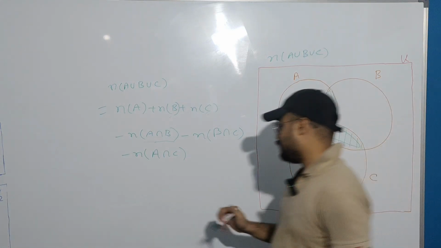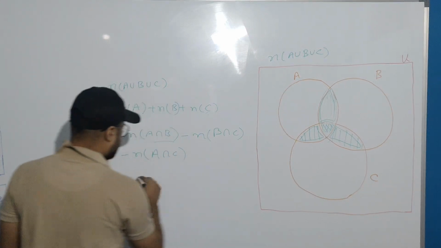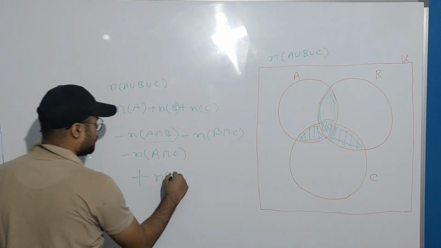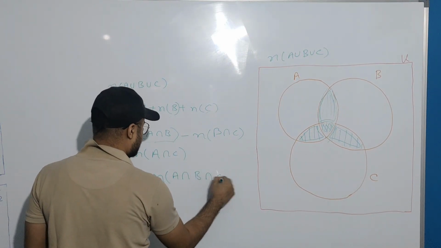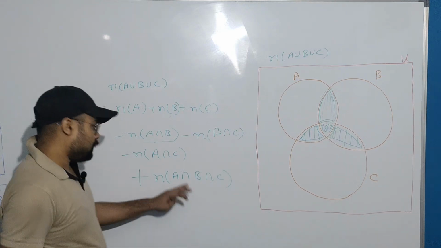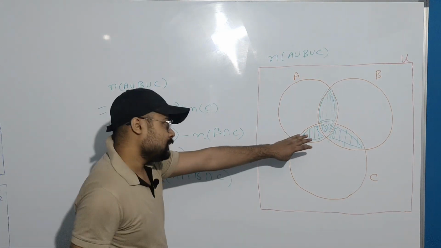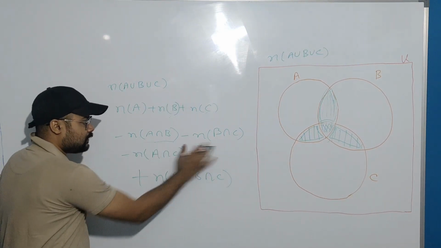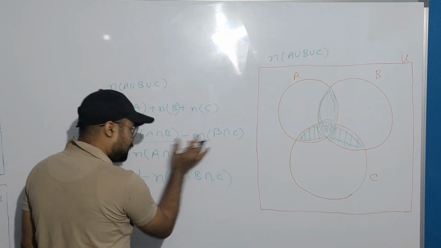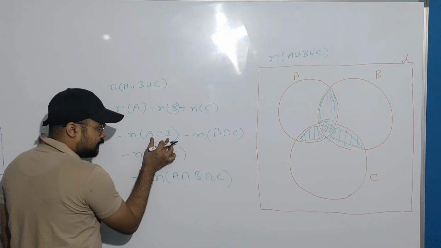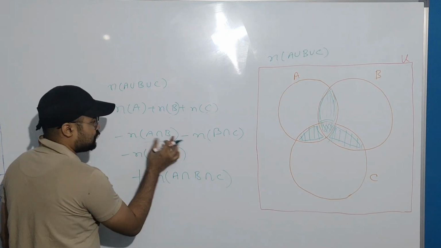So you have to add it: plus the number of elements in A intersection B intersection C, because it was added thrice, but we have subtracted it.